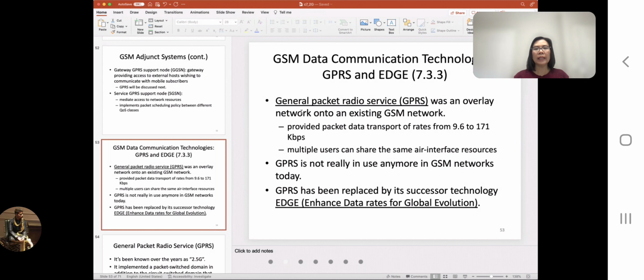And the first version of that layer is called the General Packet Radio Service, GPRS. And it was an overlay network on top of the existing GSM network. And it provided data rates from around 9.6 to 171 kilobits per second. And multiple users can share the same air interface resources. Now, GPRS is not in use anymore in GSM networks these days.